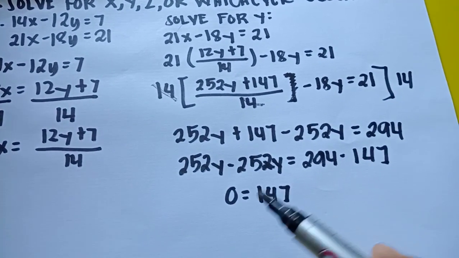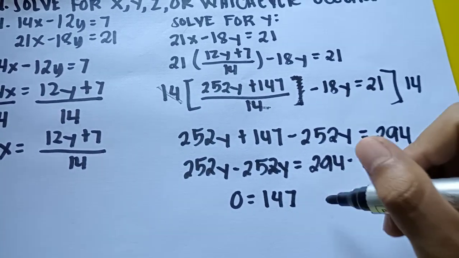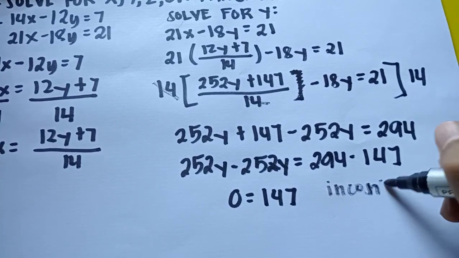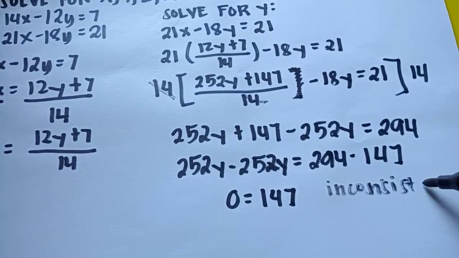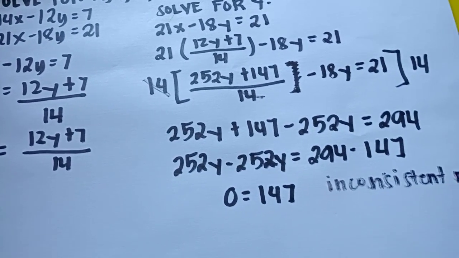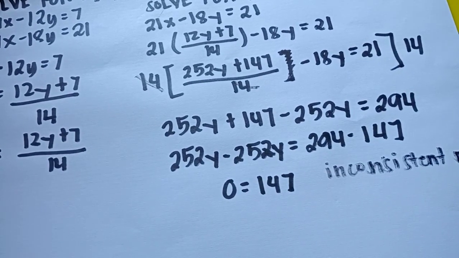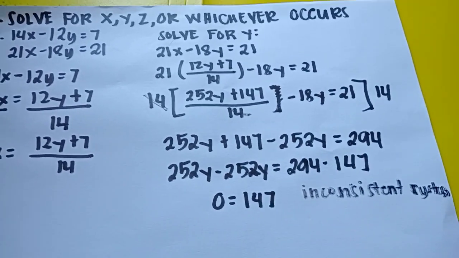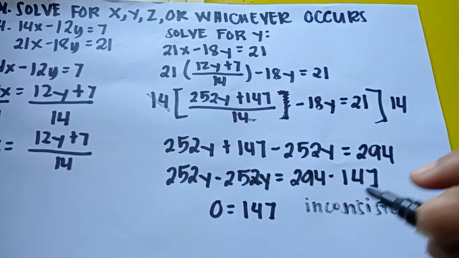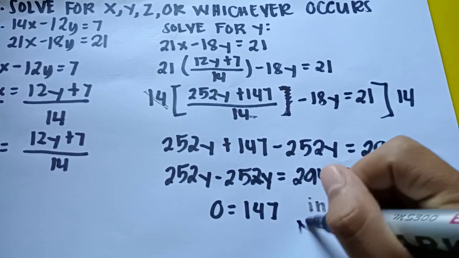So 0 equals 147. It is an inconsistent system. It has no solution.